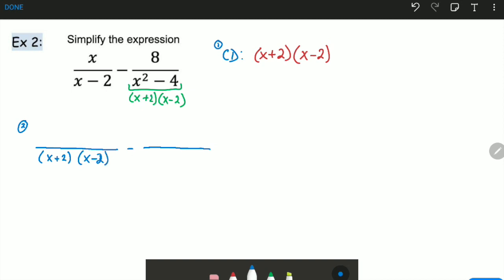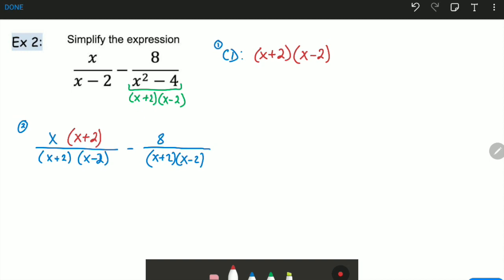Then I'm going to have to go and balance it out. Originally we have x and 8 on top. The first fraction we had x minus 2, but now we have x plus 2, x minus 2. So the new piece is the x plus 2, which we'll have to multiply the top by x plus 2 as well to balance things out.